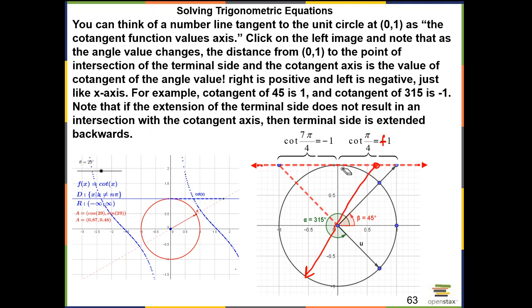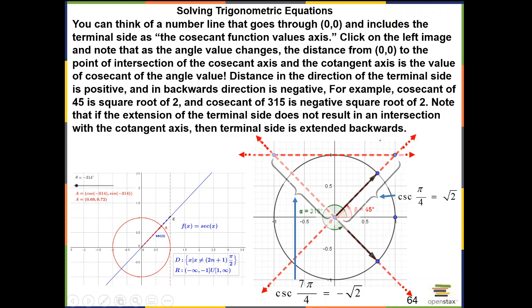So cotangent would be from here to here. And it's positive because this is positive. This way is negative. All right, and again, if you click on this in the notes, you see an animation where, as this goes around, the cotangent is graphed. All right, so remember this was a plus 1.